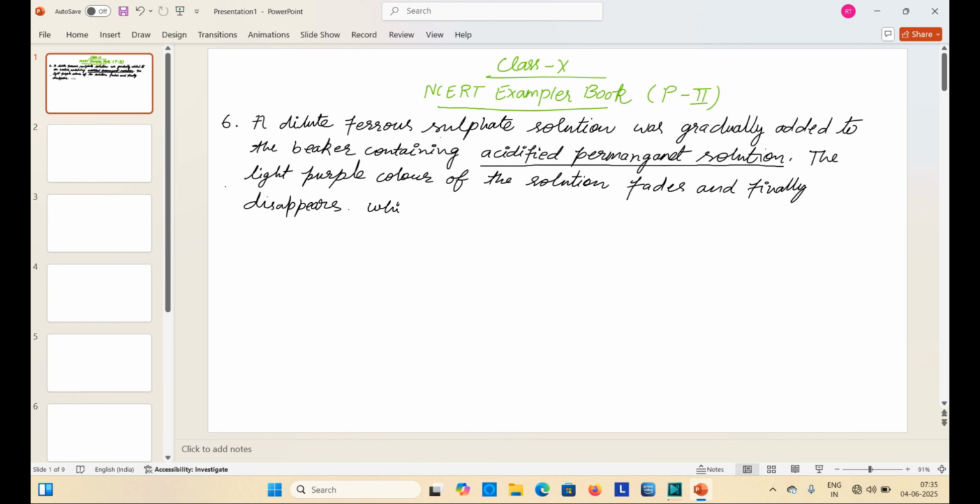Which of the following is the correct explanation of the observation?